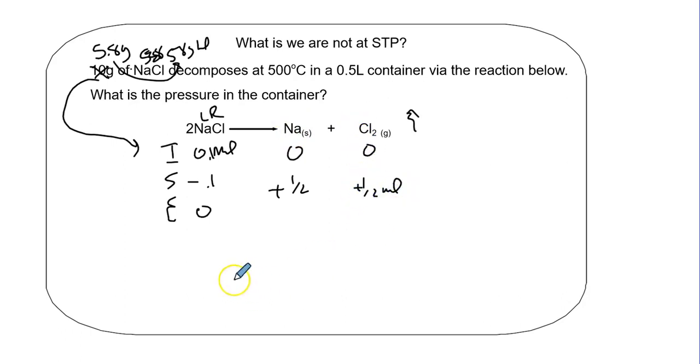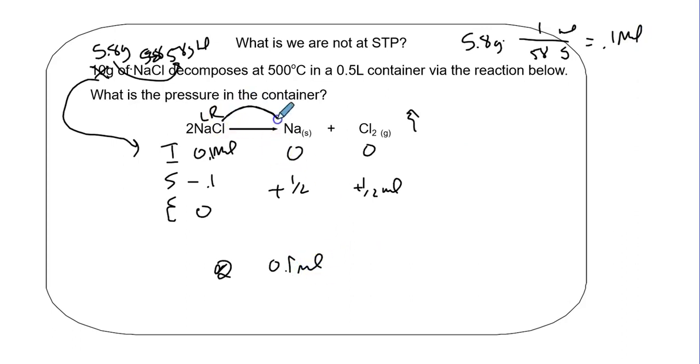Again, to show the work on that, let's start from the beginning here. You can see that 5.8 grams, get rid of grams, I go to moles. 1 mole is 58. This gives me 0.1 moles, jumping from here to here.